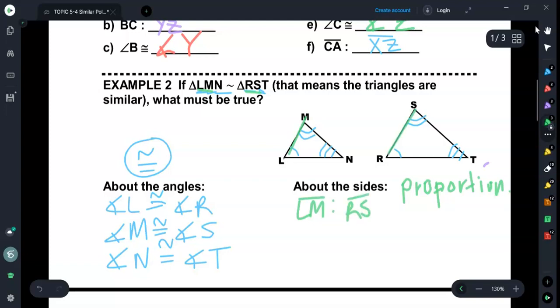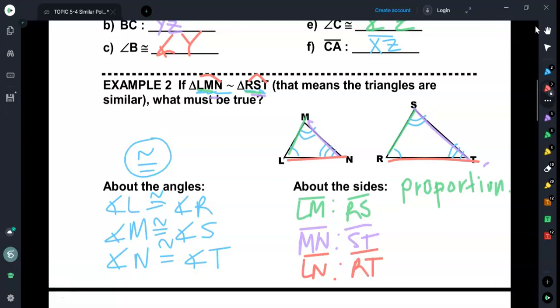And again, they are not equal, which is why I'm not marking them equal. MN goes with ST. So MN is proportional with ST. And then we have LN, if you look up here, LN and RT, which are proportional. LN, whoops, let me reset, is proportional to RT.